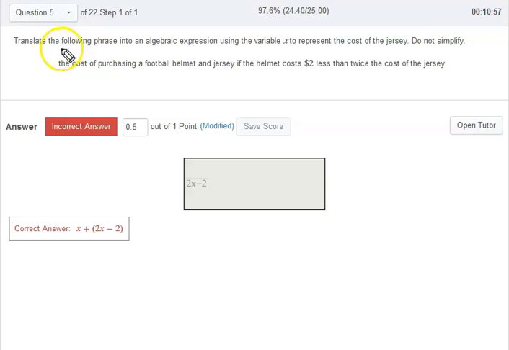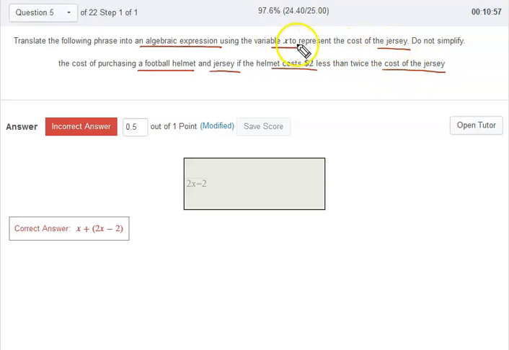Now, in this example, let's read it carefully. You're translating English into an algebraic expression, and you have to use this letter X to represent the cost of a jersey. You want to represent the cost of purchasing a football helmet and a jersey if the helmet costs $2 less than twice the cost of the jersey.